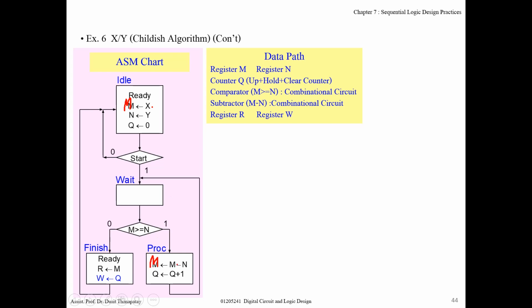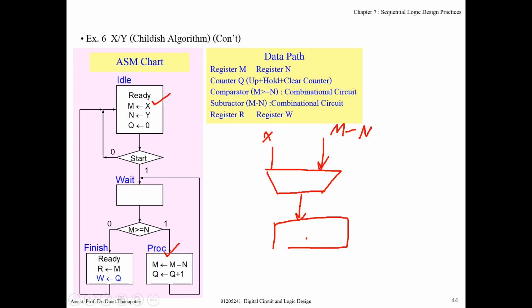This state you assign M minus N to M. It's different. So you need a multiplexer. Maybe it's X for this state and M minus N for this state, to assign input to register M.